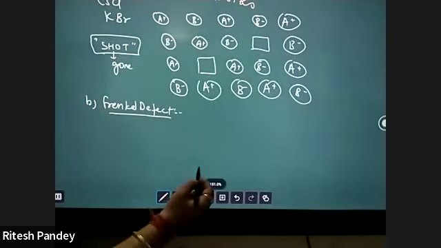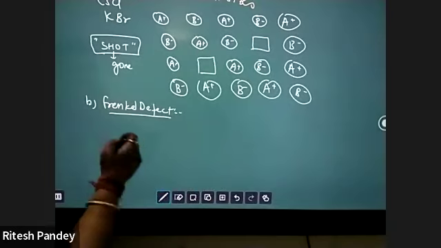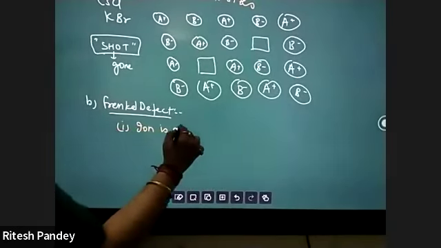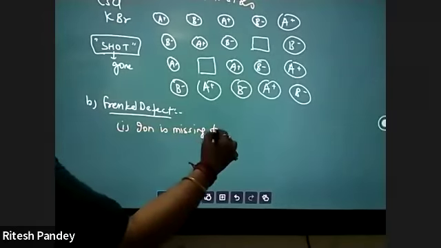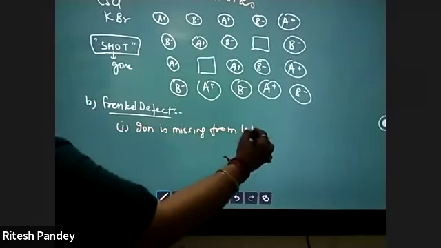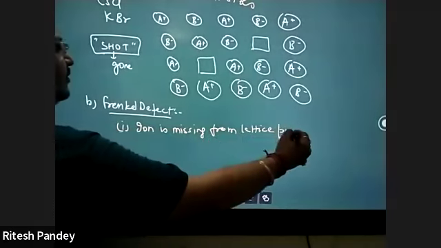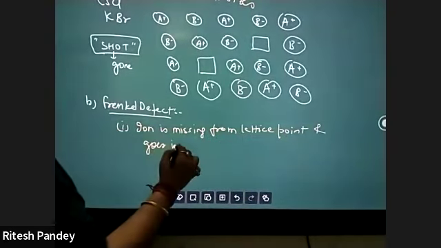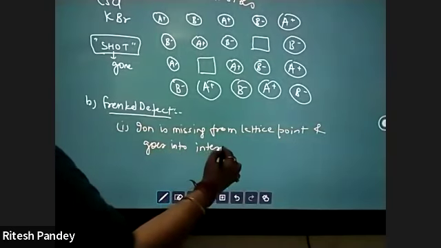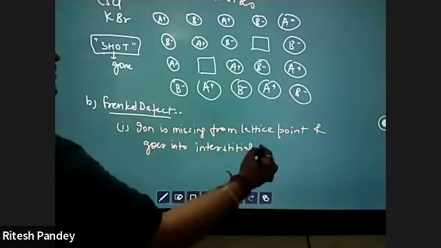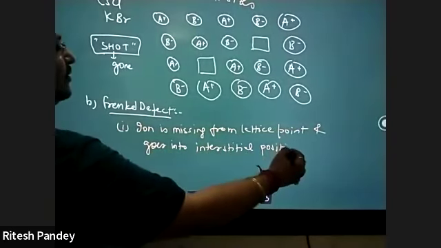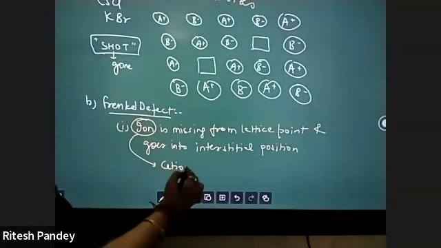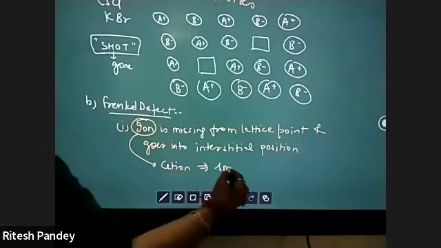So in Frenkel defect, right away, an ion is missing from the lattice point and goes into some interstitial position. Now, this is more likely to be a cation, which is generally smaller.